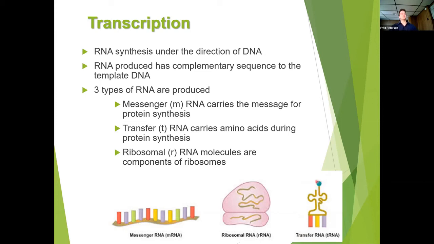We'll go into more detail during my next lecture on translation, but this is just to give you an idea of what that molecule looks like. And then ribosomal RNA, or rRNA, are the components of ribosomes, which are also important during protein synthesis. We'll get there.